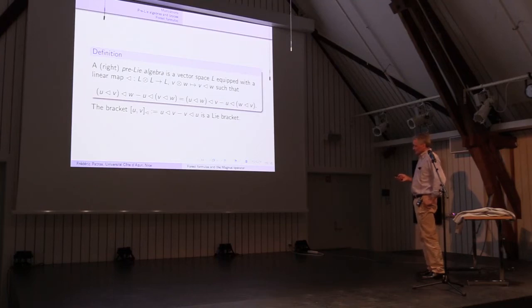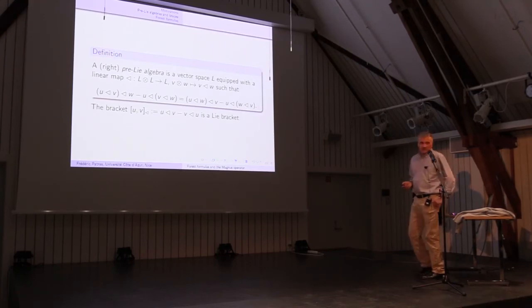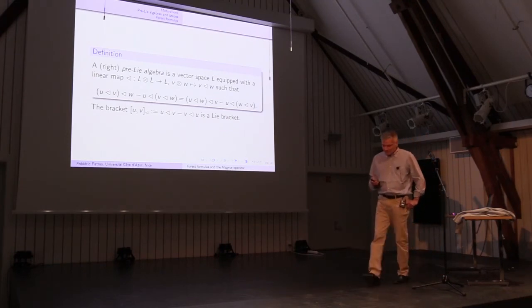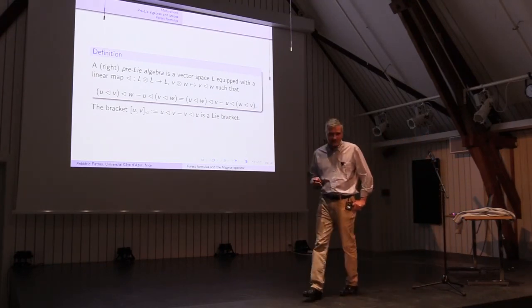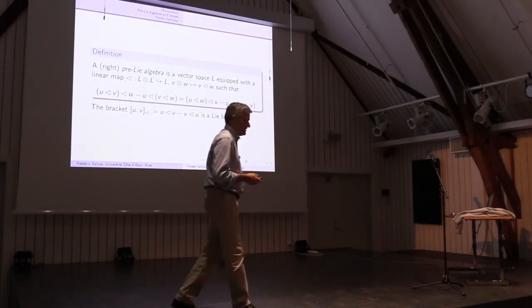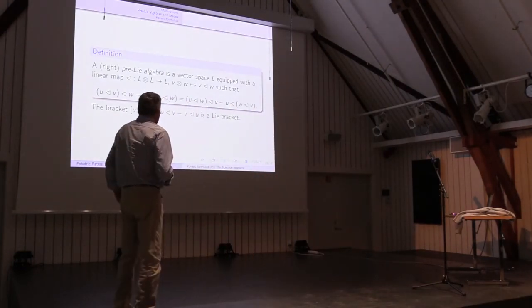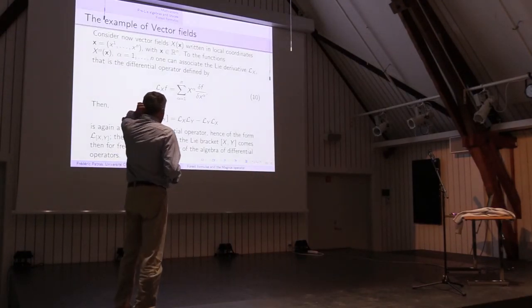So if this identity holds, you have a Pre-Lie algebra, and it's called Pre-Lie because if you antisymmetrize this product, you get a classical Lie bracket. So this is one possible connection with the question that was asked at the end of the previous talk.